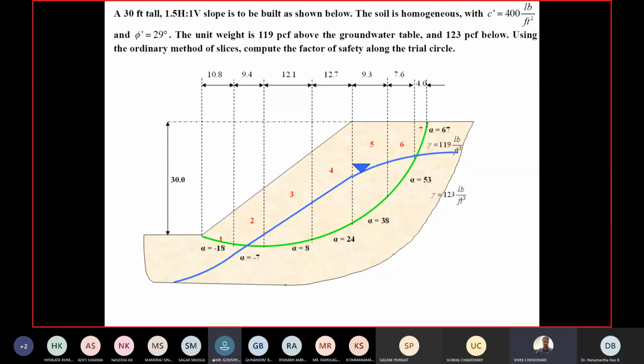Beta, slope angle, beta. Beta is known now, 1.5 horizontal to 1 vertical. Your beta is tan inverse of 1.5 horizontal by 1 vertical, no? So 1.5 by 1. So beta is known. Yes. So that water table height, yeah. Water table height, okay. Any other thing?